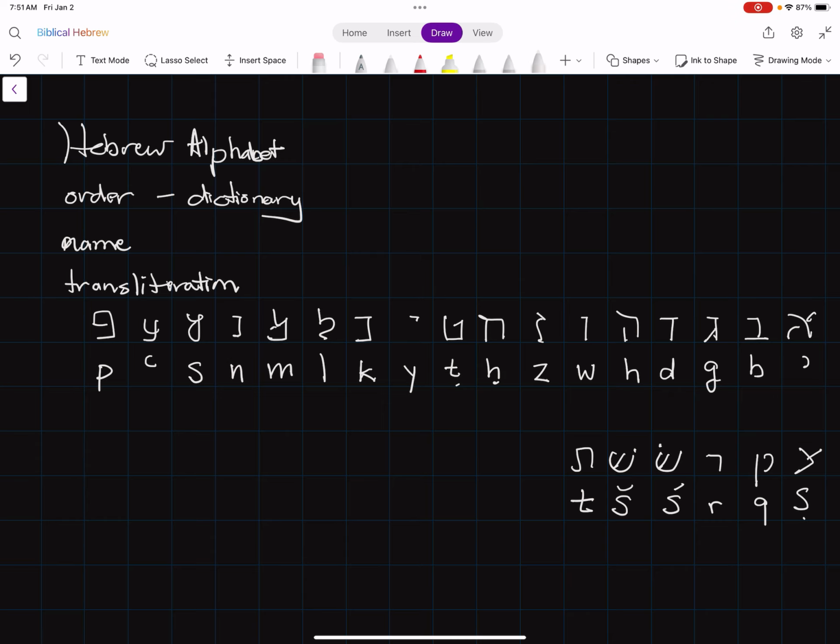And those letters, the 5 letters, are Kaf, with the long line underneath it. Then you have the Mem, which is like just a box. And then you have Nun, again with a long line.